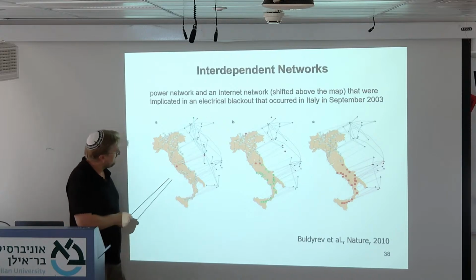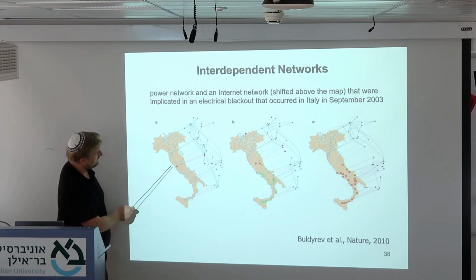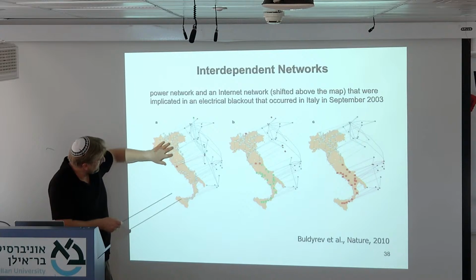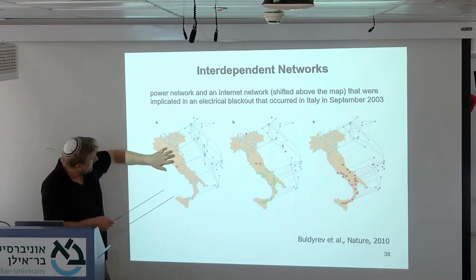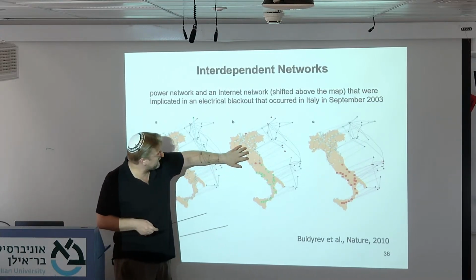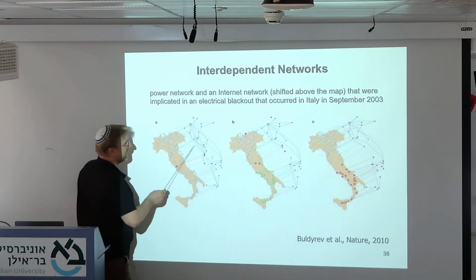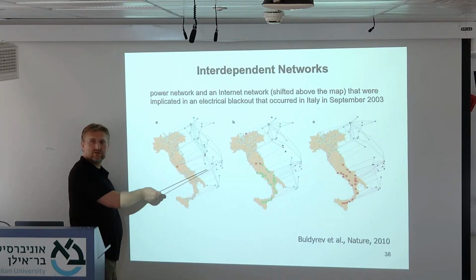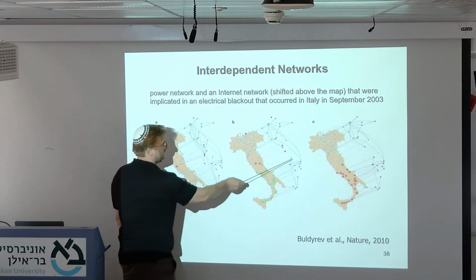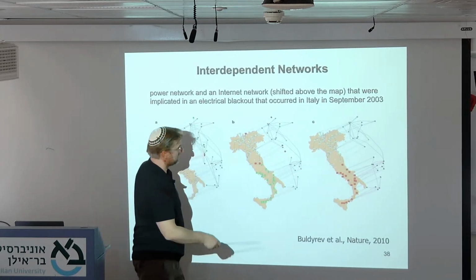And what happened here in Italy was that on the Italian map here, you have all the power plants plotted, and here in the air, you have the communication networks plotted.